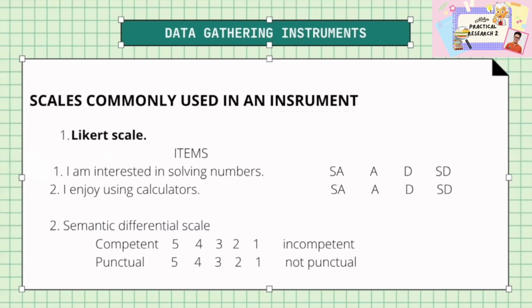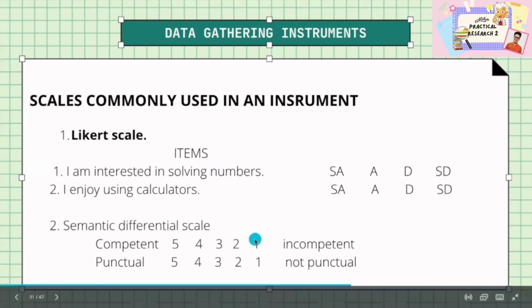So that there will be no neutral choices. Before we have 5, 4, 3, 2, 1 like that, and most of the respondents would answer 3 if they are unsure. So now with this kind of Likert scale, they will be forced to think, will it be strongly agree, agree, disagree, or strongly disagree? There is no neutral.